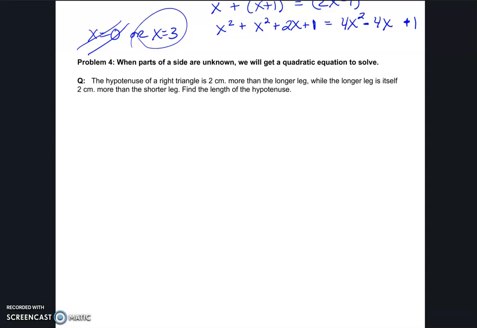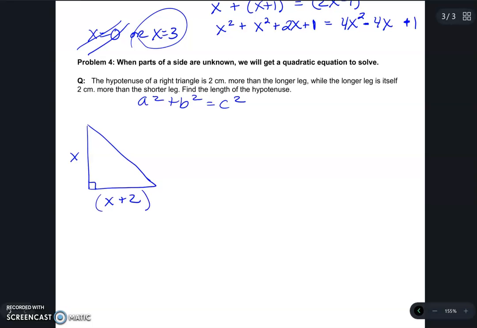We have a similar situation to number 1. I'm going to call x the short leg, and the longer leg is 2 centimeters longer than the short leg, so that would be x plus 2 in parentheses.